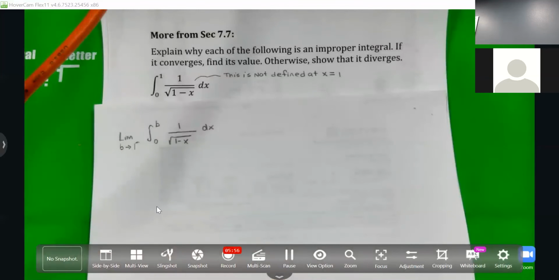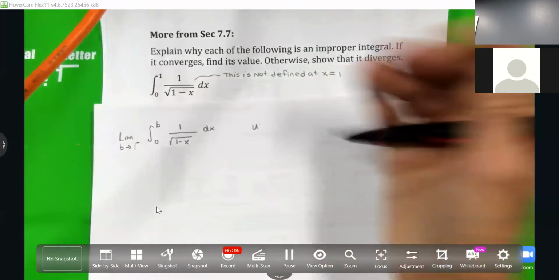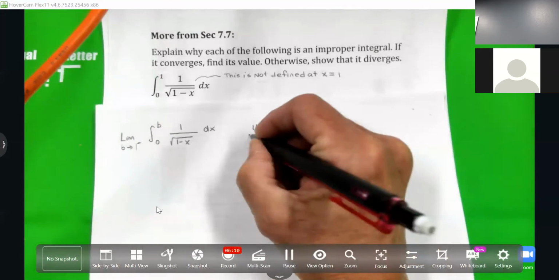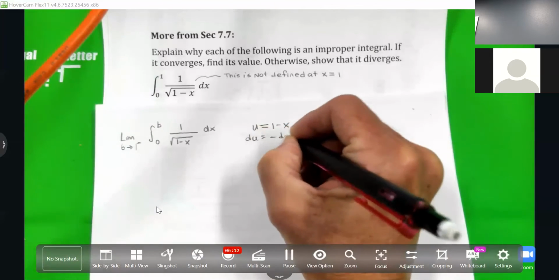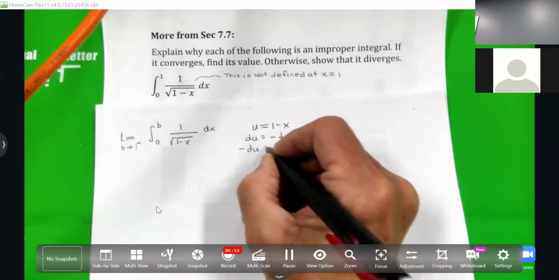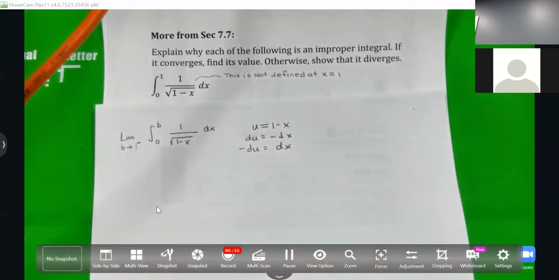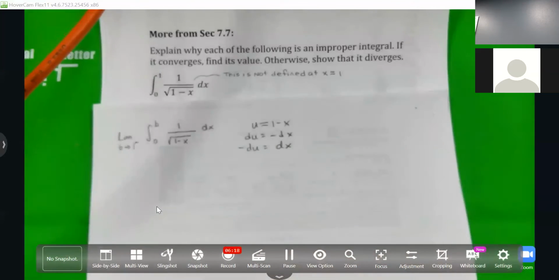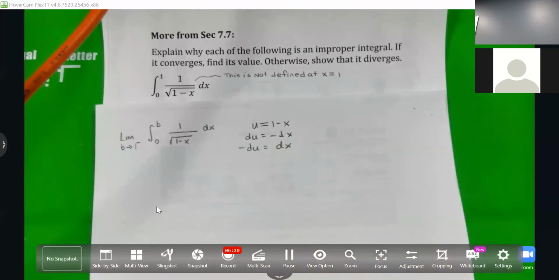Then to do this integral, we just take u to be 1 minus x. Du then is negative dx. So I'll put the minus sign with the du. And we're going to integrate minus the integral of, let's write it as u to the negative 1/2 du.